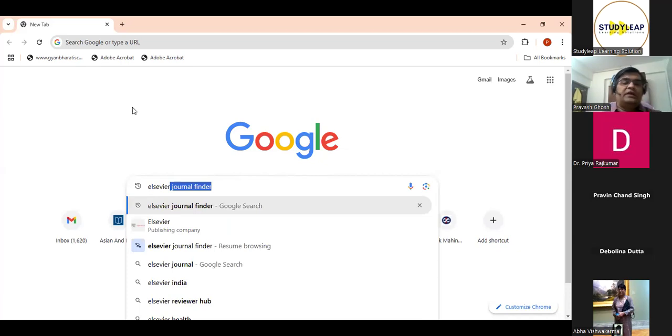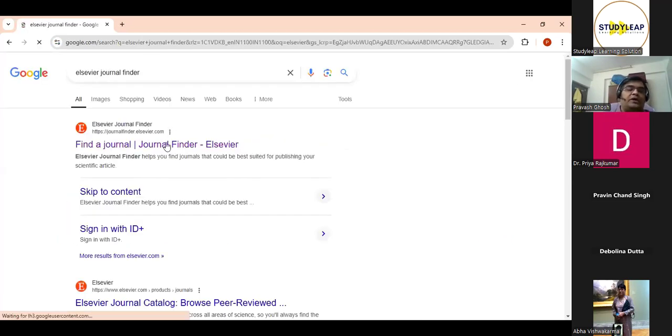Journal finder. Just enter. And we got this website, right? You can keep a note: I will try to show at least five journal finders today. All are of the same kind with little difference. Let me start with Elsevier.